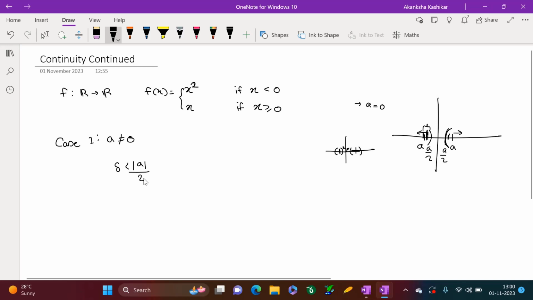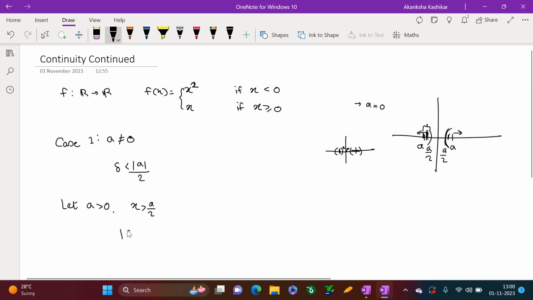Now let us consider the first case where a is positive. Sub case, actually. Let a be positive and we know that x is now greater than a by 2 because x is in the delta neighborhood, and we are choosing delta as less than this.